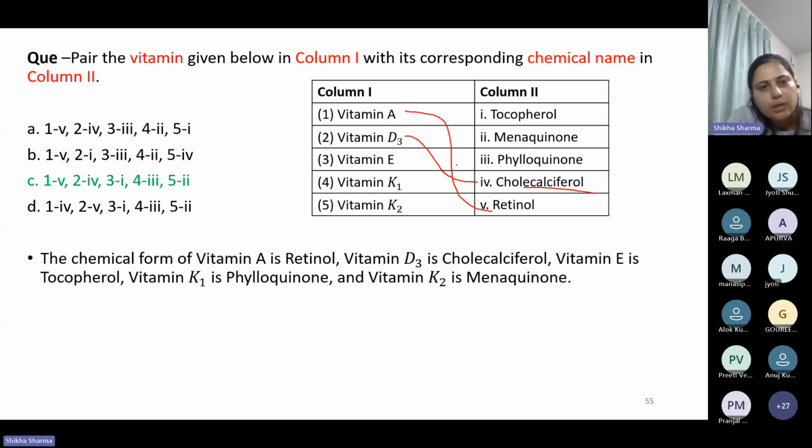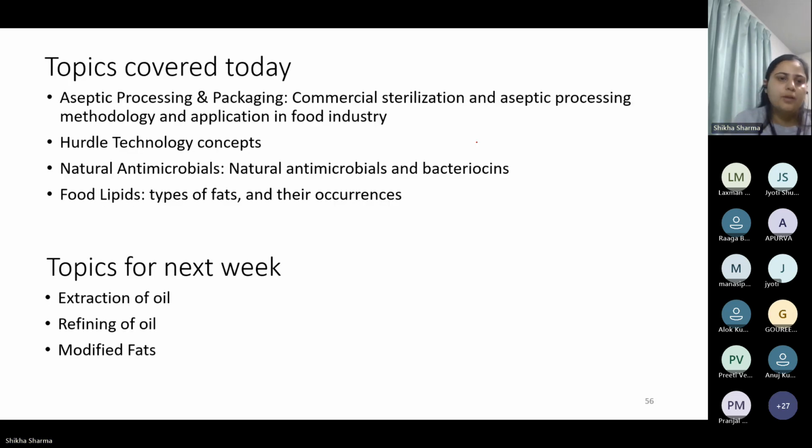And vitamin E is tocopherol. Fourth, vitamin K1 is phylloquinone. And fifth, K2 is menaquinone. So everyone knows. This is the end for today's session.